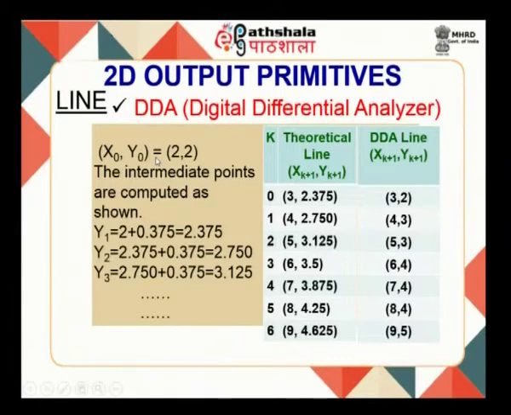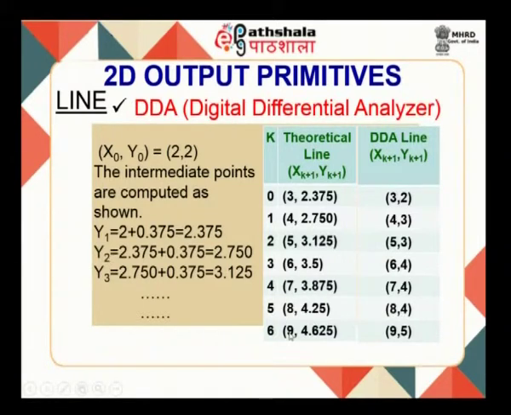To start with, x naught, y naught is the starting point, which is also the known point on the line. The next point is, as we know that x gets incremented by 1 unit, you can straight away increment the x coordinate by 1 unit: 3, 4, 5, 6, 7, 8, and the last point.